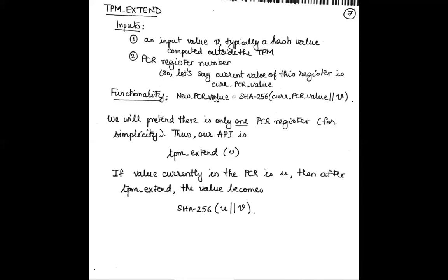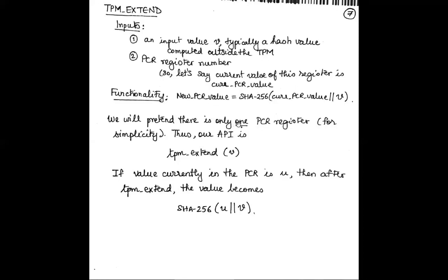So you can see how the PCR value changes in preset ways. The only way to change the old PCR value is by calling TPM extend with V. V gets concatenated with cur PCR value, a SHA hash is calculated, and the output of the SHA hash function becomes the new value of the PCR.